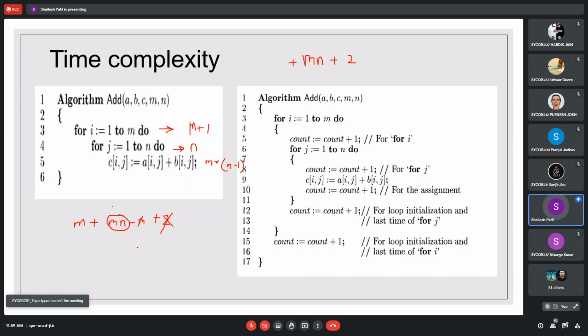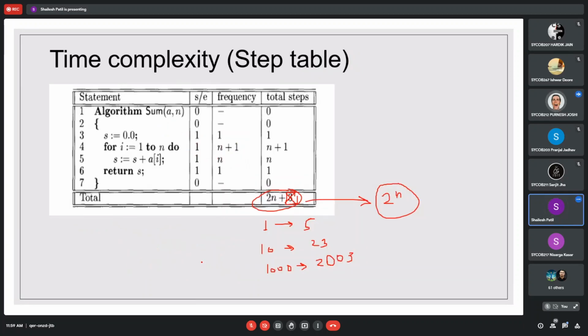So there will be some complexity; I need to see that formula, but we can say that f of n for this particular thing will be g of mn. The maximum contribution will be from mn. With the increase in the value of mn, this is the more important term in our calculation of the complexity. Clear? Yes, sir.